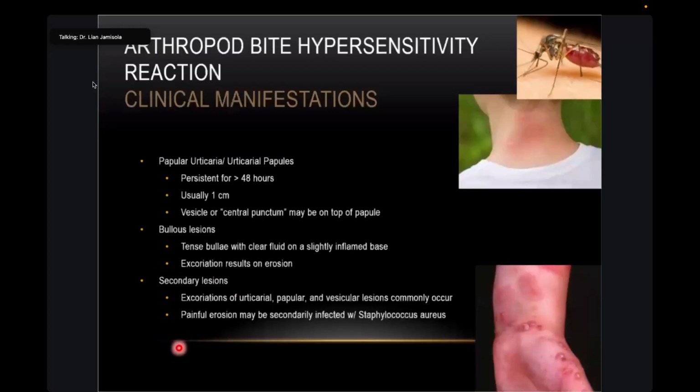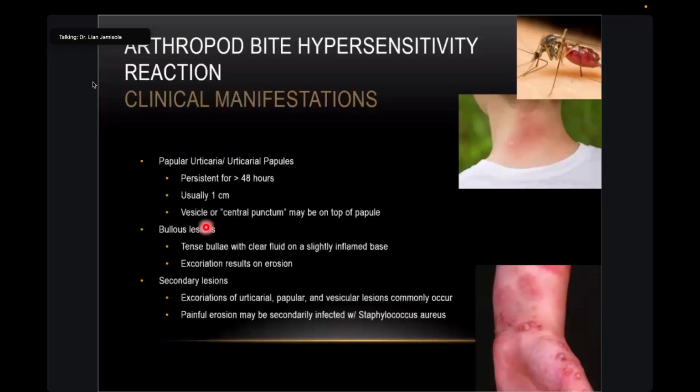Secondary lesions, very important. Actually, the bite can be persistent and then it can resolve din naman after days when the hypersensitivity is gone. But we can get secondary lesions from scratching, no? So patients can have secondary infection with Staphylococcus aureus.